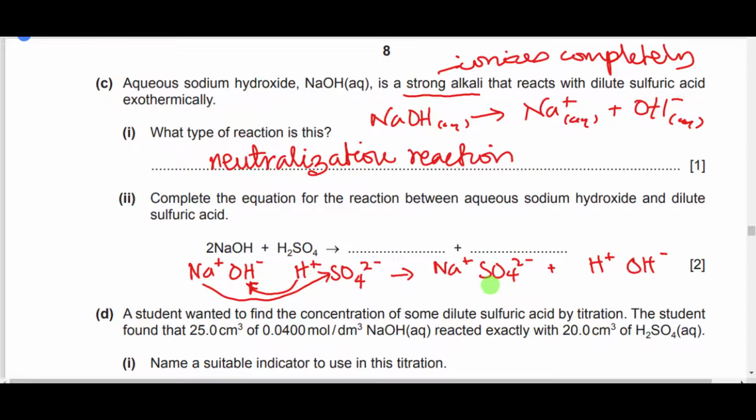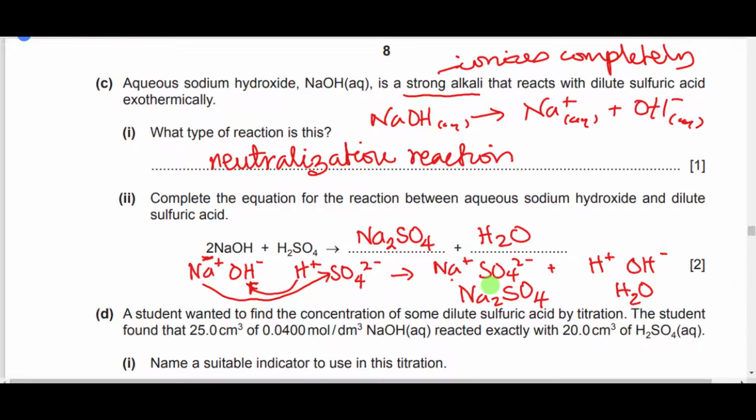So this H plus and OH minus will give us H2O, whereas this one will exchange radicals to give us Na2SO4. These two will go to sodium, while this one will go to SO4. So the compounds are Na2SO4 and H2O. And of course, that's why you have these two here to balance out the number of sodium atoms. And then water here.